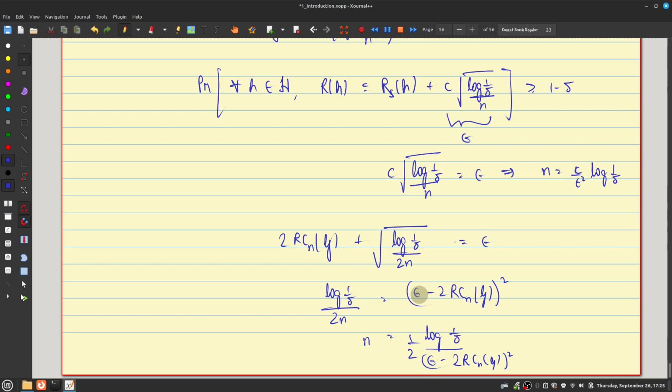So in scenarios where I can bound the Rademacher complexity, I can get a bound on the sample complexity. But you're correct that I can't in general make a claim on n because the Rademacher complexity also depends on it.